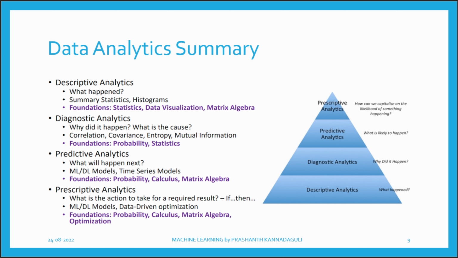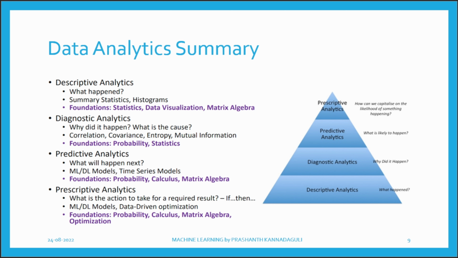The first type of analysis is called descriptive analytics. If the question that you are trying to answer from the given data is what happened, you see the data and you are trying to answer that, then your analysis is called descriptive analytics.